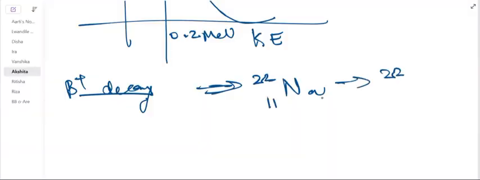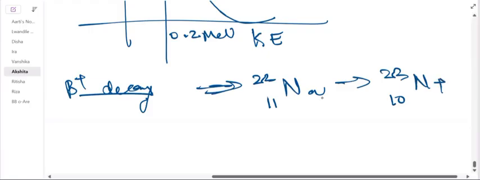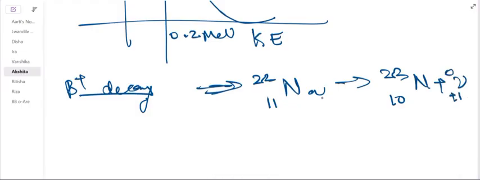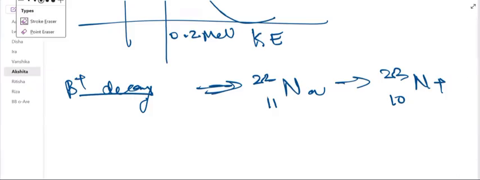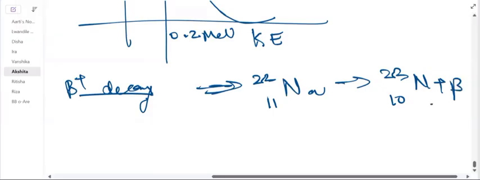It undergoes to Ne 22,10. Obviously, a neutrino plus beta plus 1 0.